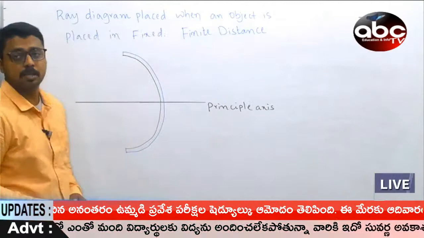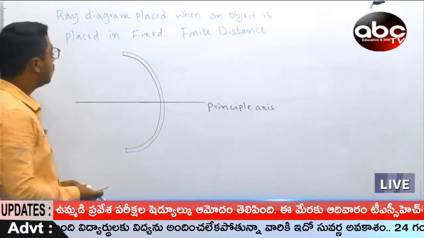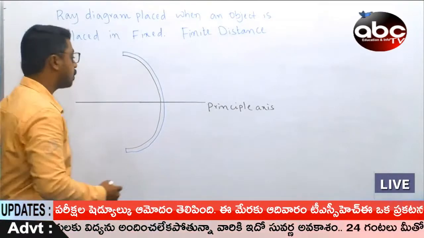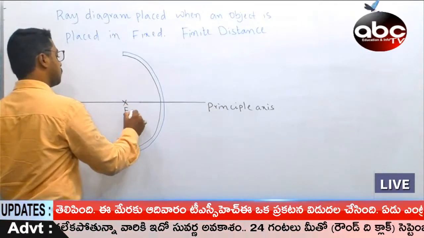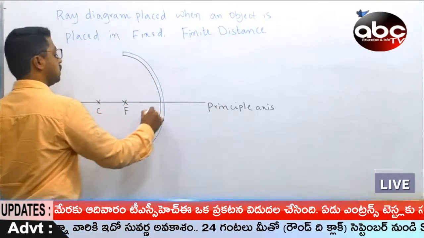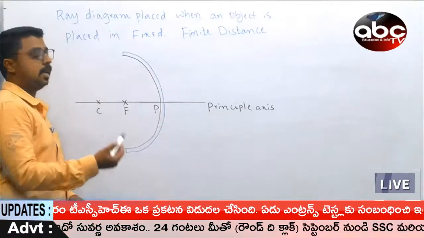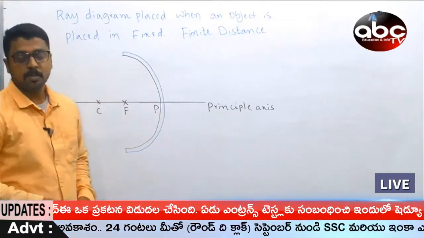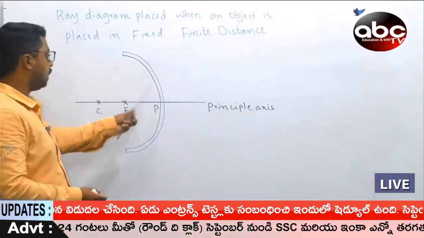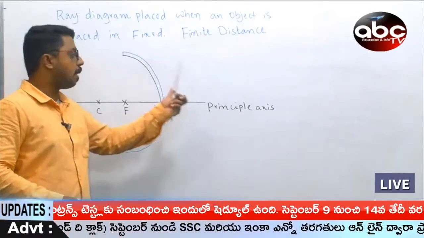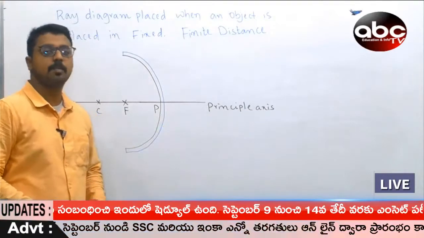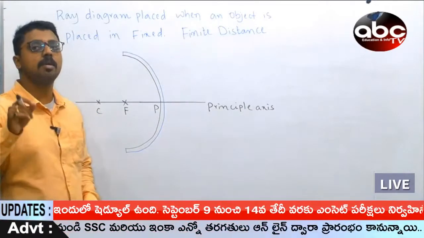While coming to our next one, what are we going to discuss? This is an important point, as I already said, that here comes your focus, here comes your center of curvature, and then comes your pole. These points remain inside a convex mirror, and on that side you do not have any type of points, especially in a convex mirror.